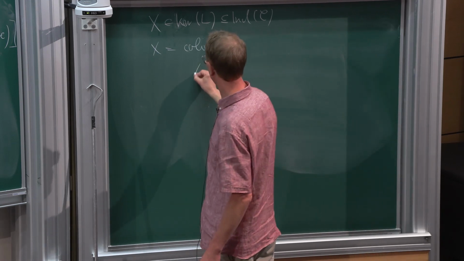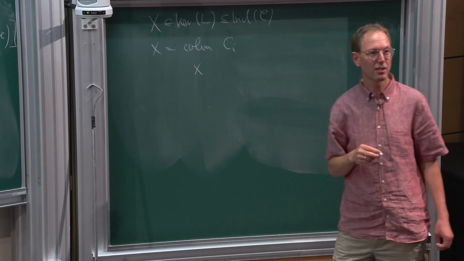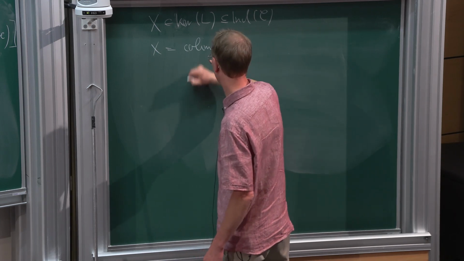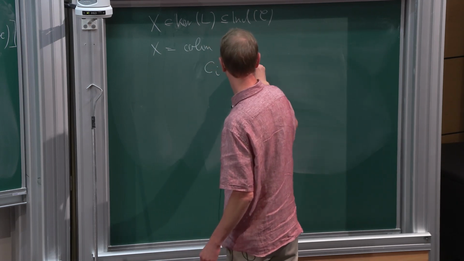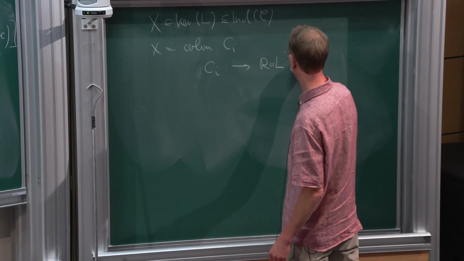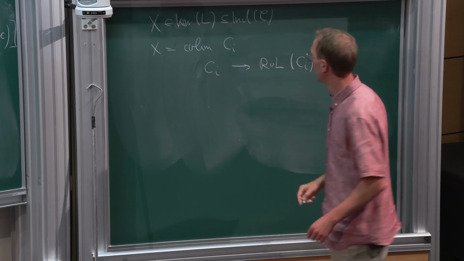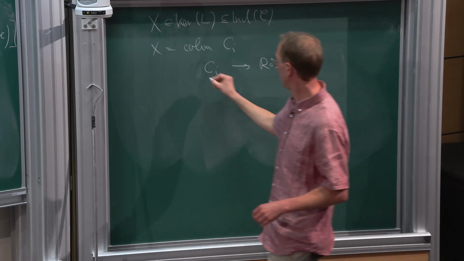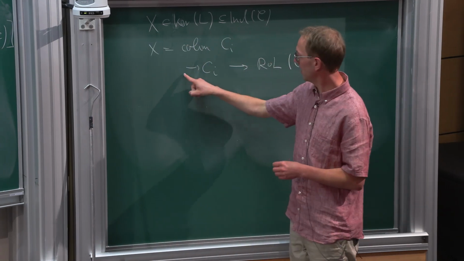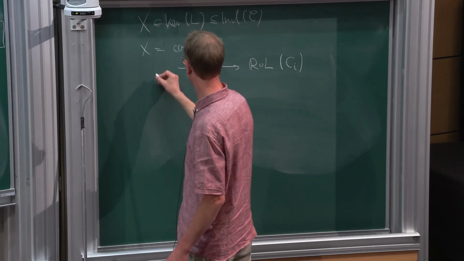Now we look at the unit map of this adjunction, for each Ci, from Ci to right adjoint composed with left adjoint of Ci. And then from the explicit formula that we have, you see that this has some fiber.